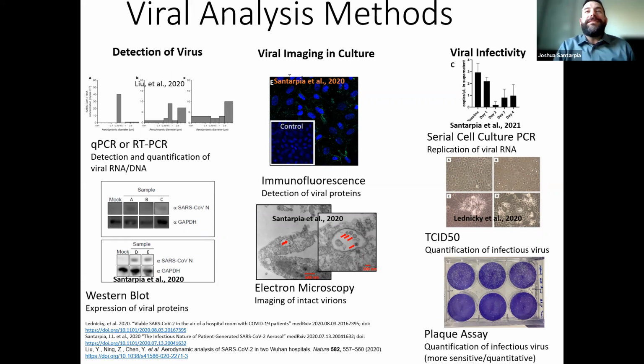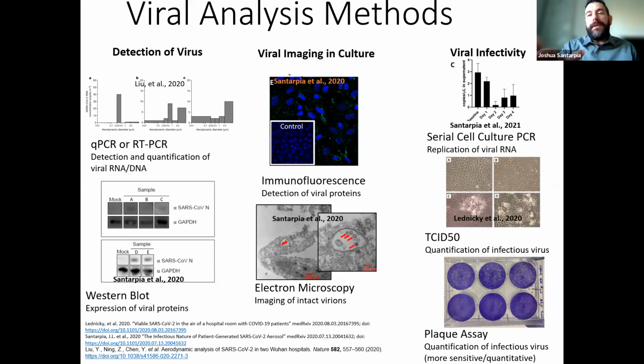So, such is life. Serial culture, again, this is one that is used a lot in the cultivation of new viruses, but we've also brought it into bioaerosol analysis. I think TCID50s and plaque assays are the things that we all want to see. We all want to see that there's an infection, that the cells die, and that it's that virus.